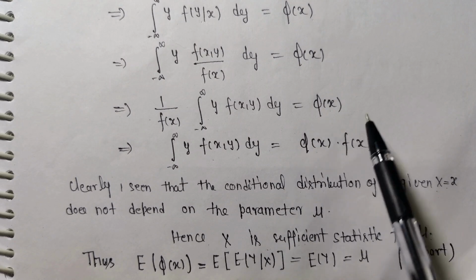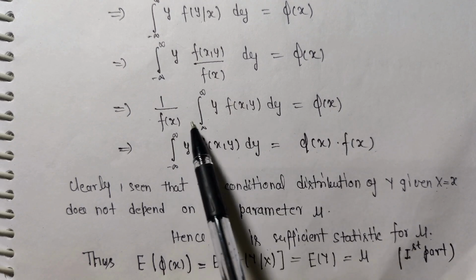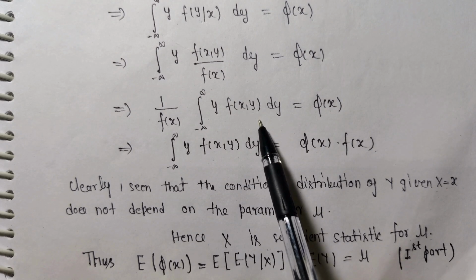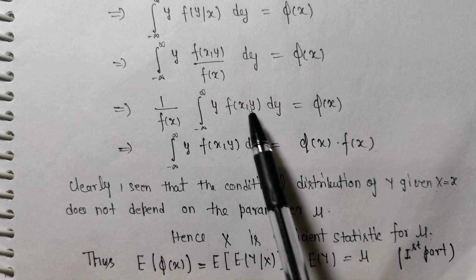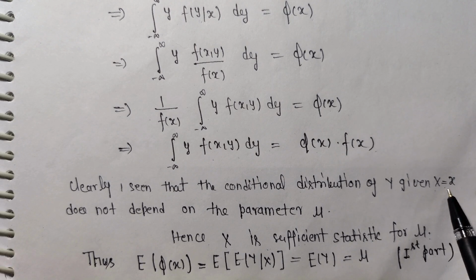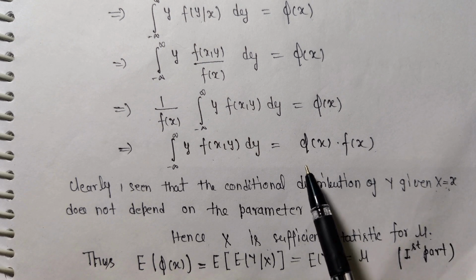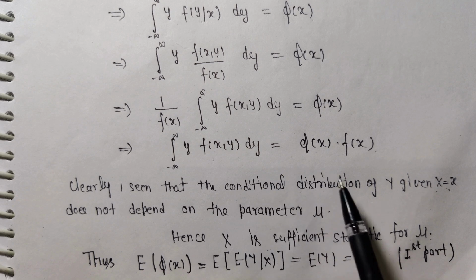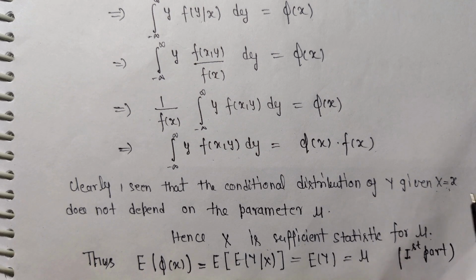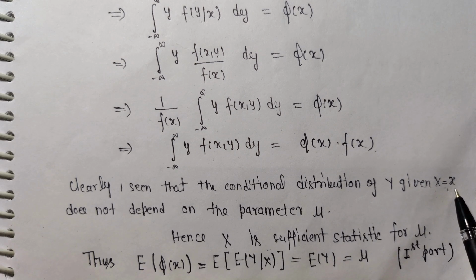Now you can see this expression is free from the parameter, and our parameter is mu. So we can say that X is our sufficient statistic, because by the definition of sufficiency, if the conditional distribution is independent of the parameter, then the statistic is sufficient. We are getting the expression free from the parameter, so X is our sufficient statistic for mu.